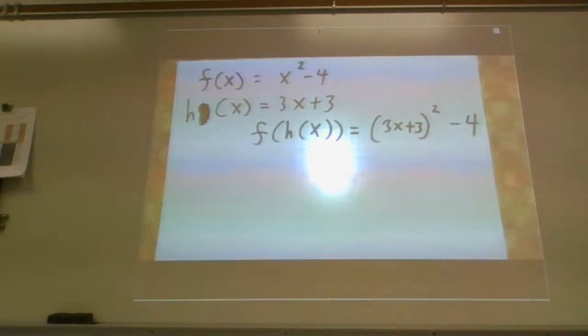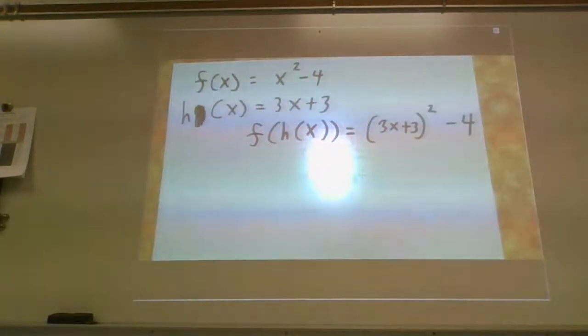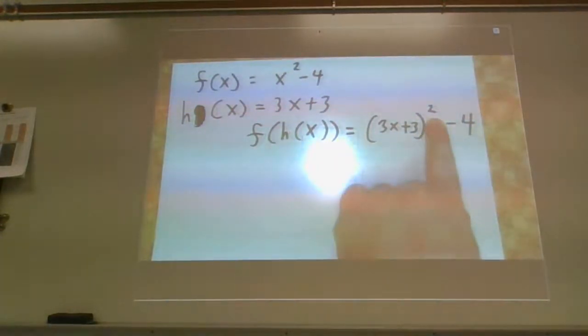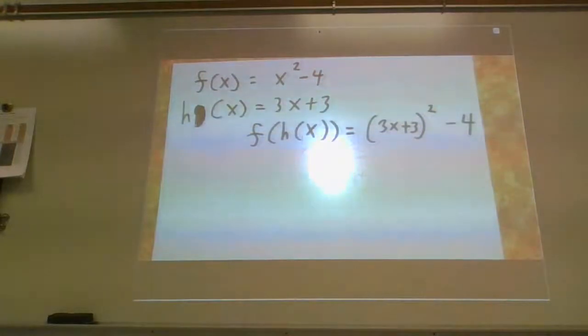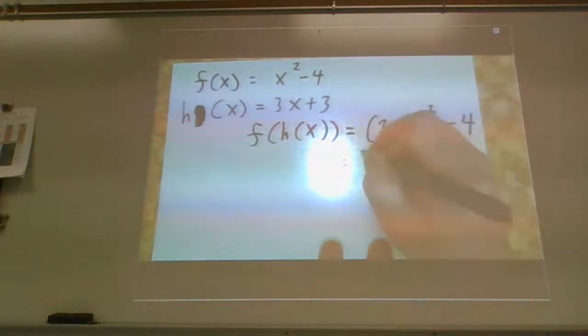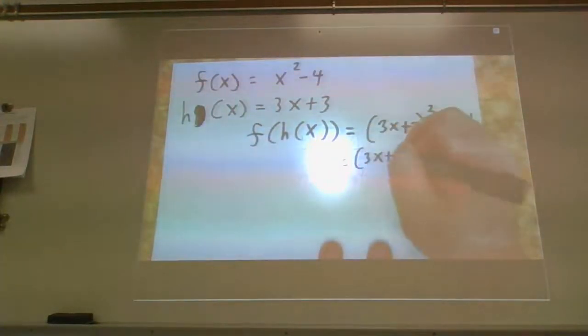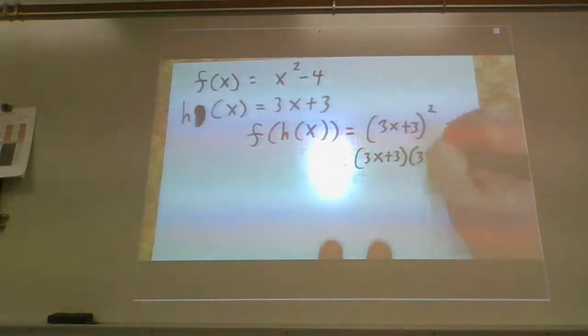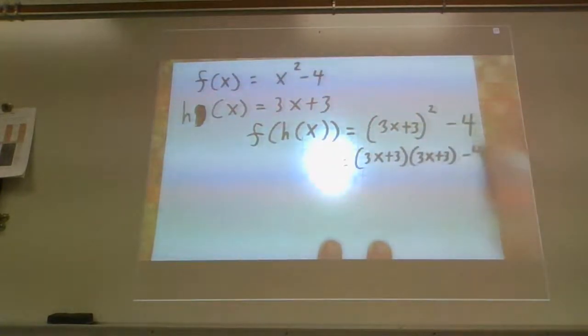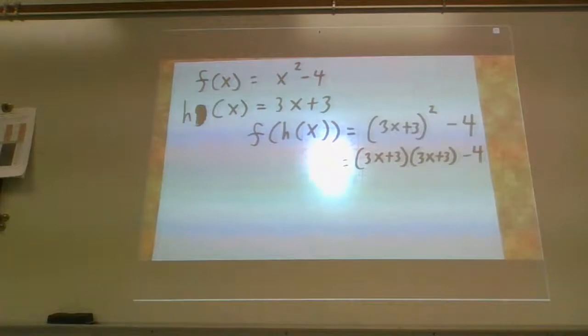Now, based on everything that we've done, you are not allowed to distribute that exponent. You're not. Instead, in order to properly simplify this problem, you are going to have to multiply out 3x plus 3 times 3x plus 3.